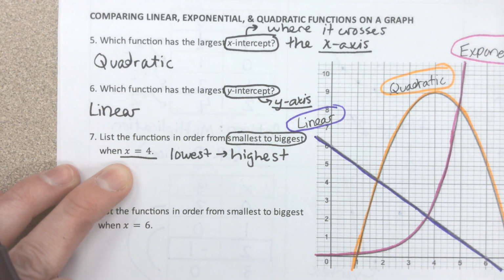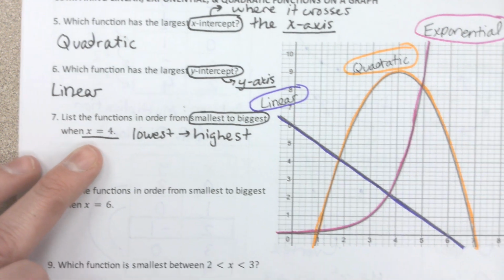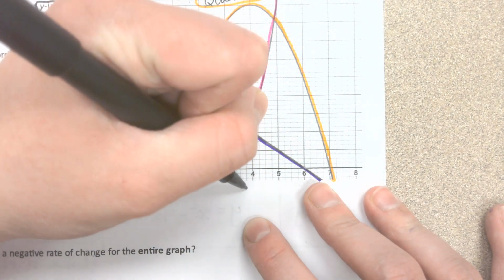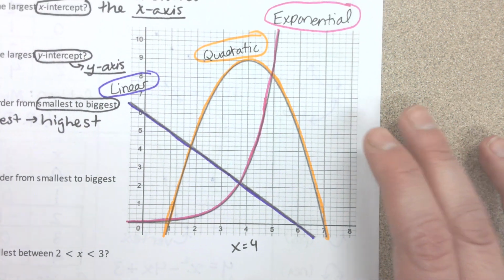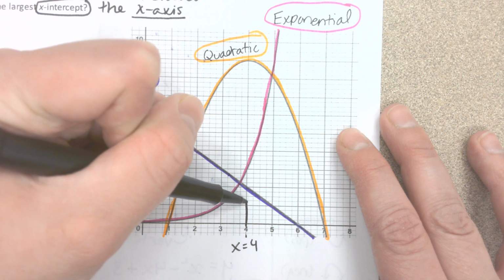At x equals 4. So let's go to 4 on the x-axis. It's right here. And I'm going to draw a vertical line through it. So follow that grid line.